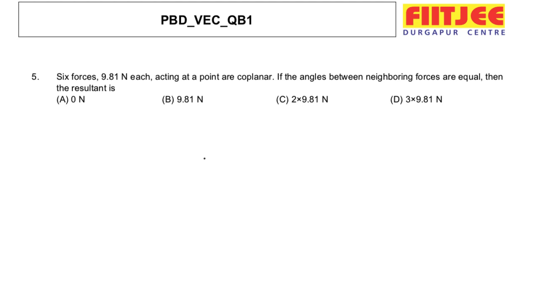In a regular hexagon, the angles between adjacent lines are the same, and they are coplanar. Each of them represents a vector and it is a closed polygon, so the resultant will be 0. Option A will be your correct choice.